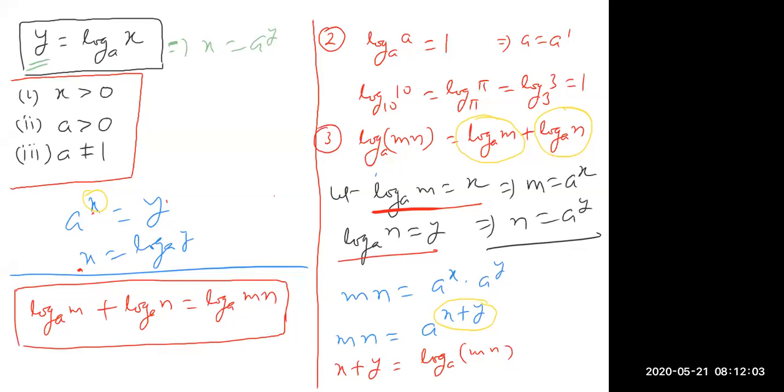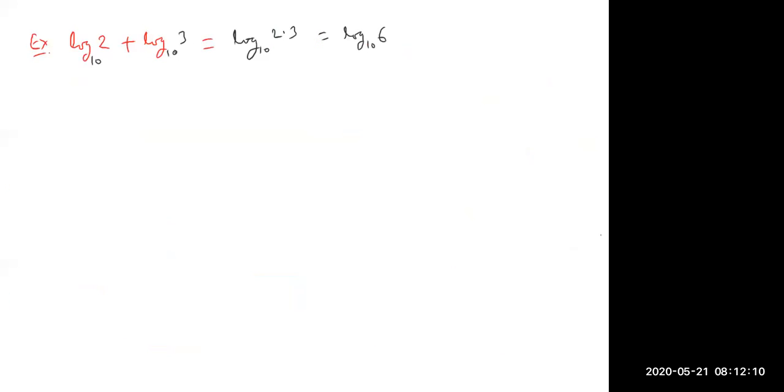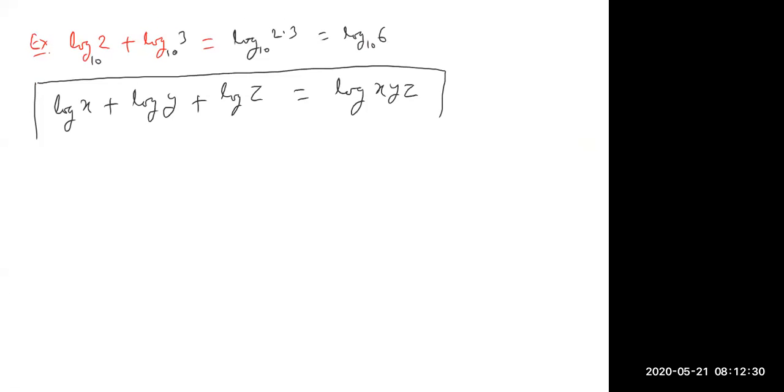What is log M plus log N? Log of MN. So numbers get multiplied. Here also I have multiplied them, 2 into 3, 6. If suppose more numbers are there, like log X plus log Y plus log Z, this will be equal to log of XYZ. 4 numbers may be there, 5 numbers, 10 numbers.